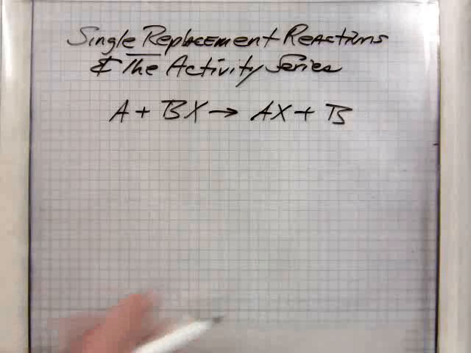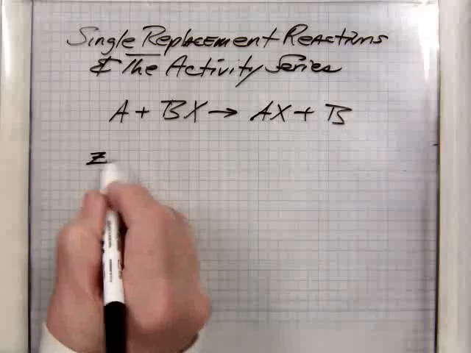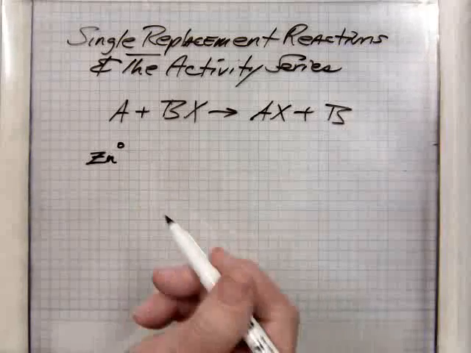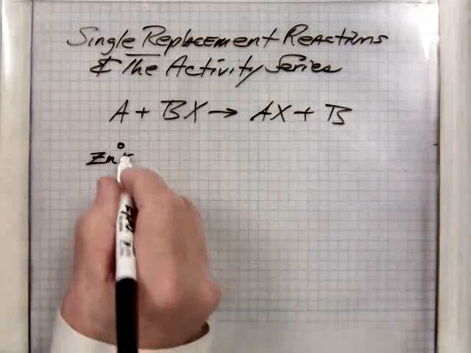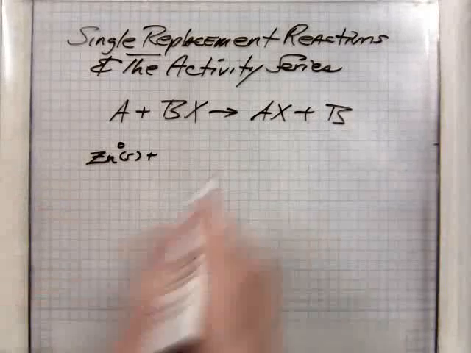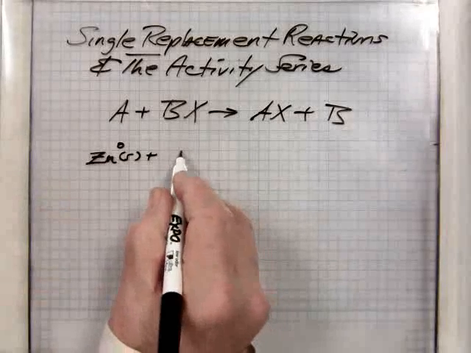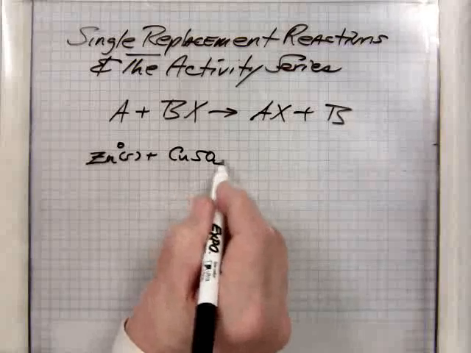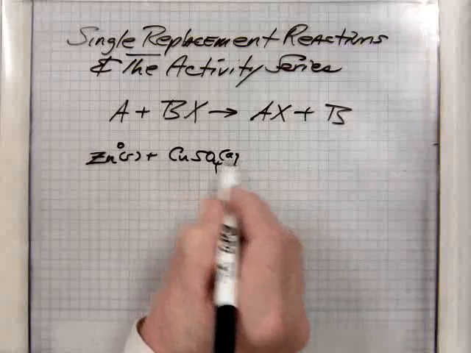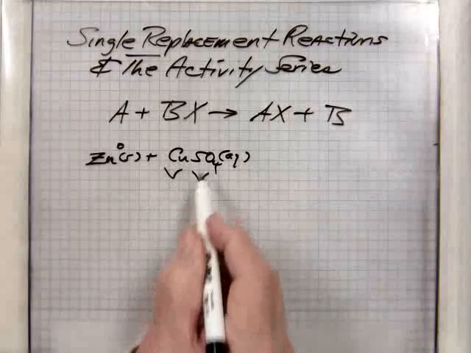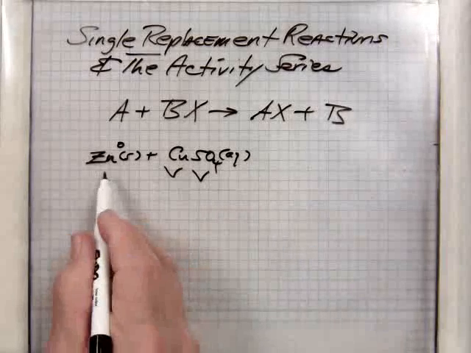So this generates an entire combination of reactions. For example, if we have zinc metal in the place along with copper, say copper sulfate, which we just mentioned a minute ago, in aqueous solution, the copper ion is replaced by a zinc ion.